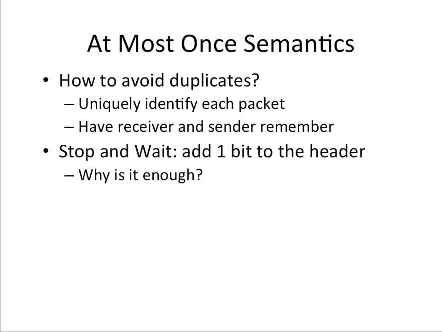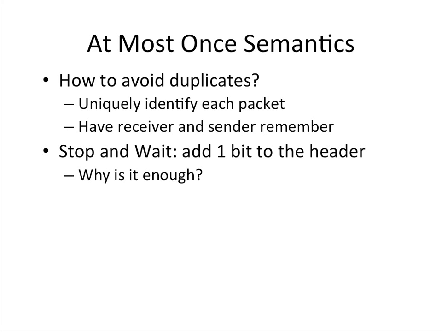So let's think about the at most once semantics. We still need to avoid the duplicates, right? When we write our web client, we actually write to the file whatever we receive. That means we should receive the packets only at most once. It's actually exactly once. How do we ensure that? Because we're going to receive the same packet multiple times.